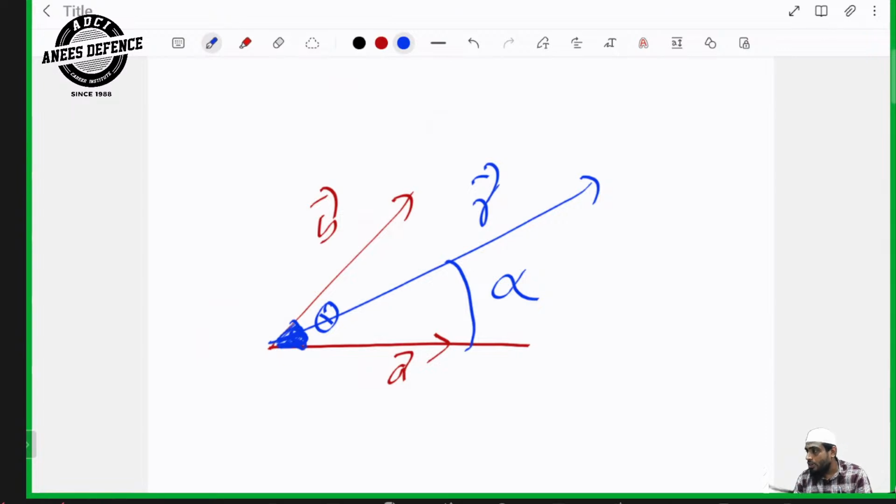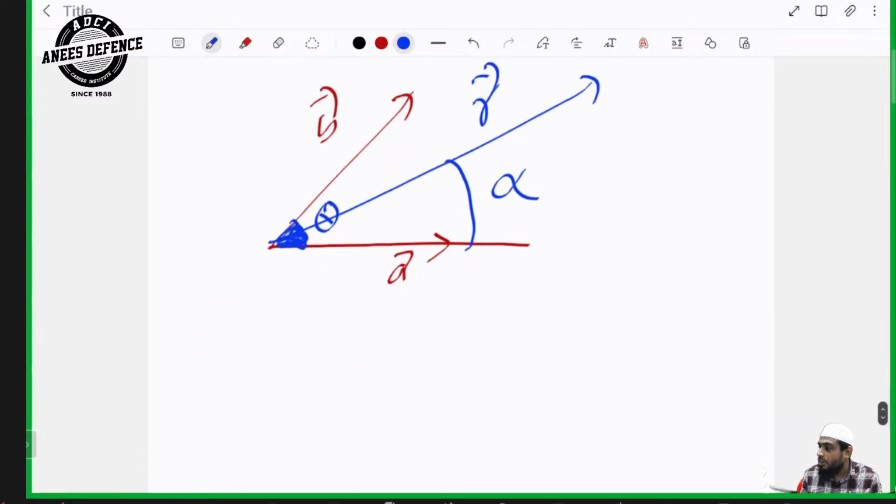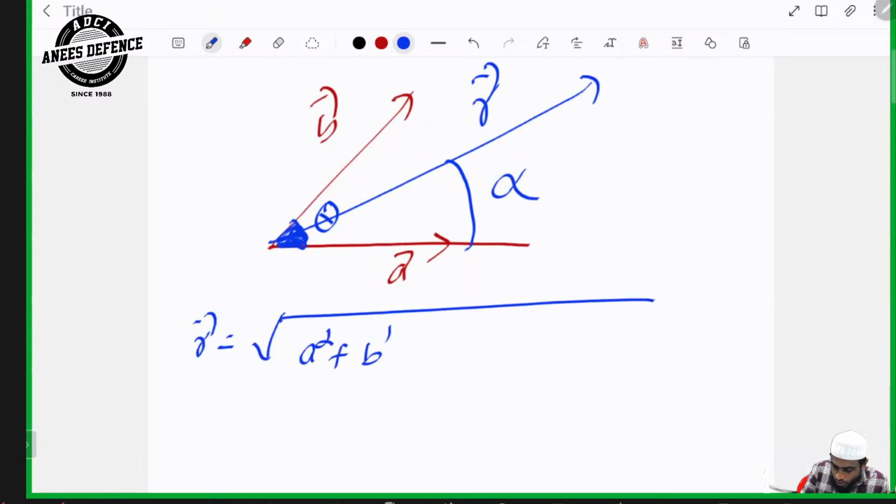So you have to calculate alpha. You know theta, you know A, you know B, but you don't know alpha. If you are aware of A and B and theta, then the resultant you can calculate. What is the resultant? You have the formula, root of A square plus B square plus 2AB cos theta. A you know, B you know, theta you know. Then there is no difficulty to calculate the magnitude of the vector R. But you have to calculate the angle. How to calculate?